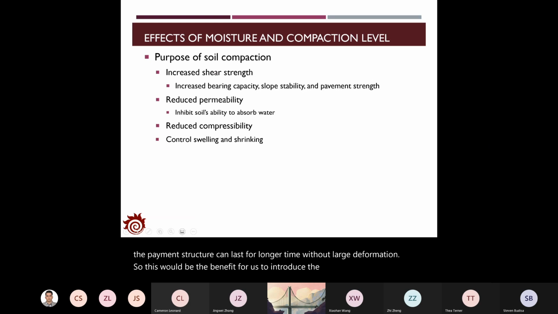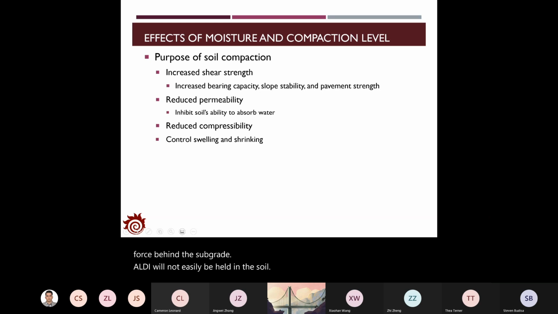And in general, with the soil compaction, we can also increase the shear strength, the bearing capacity, the slope stability, and pavement strength. Also, it can reduce the permeability, so the water from the surface of the pavement will not be easily forced behind into the subgrade, or held in the soil.